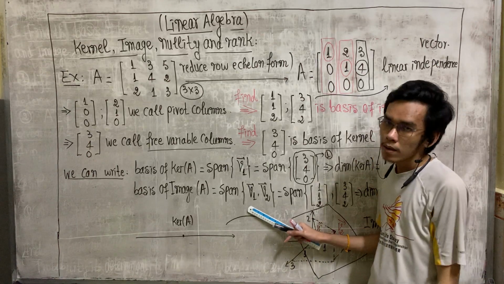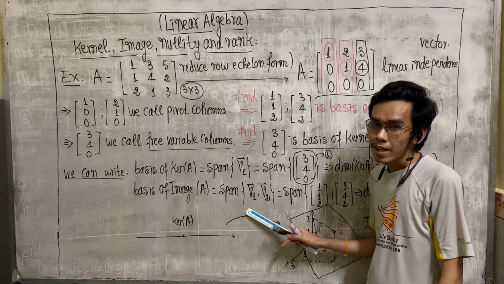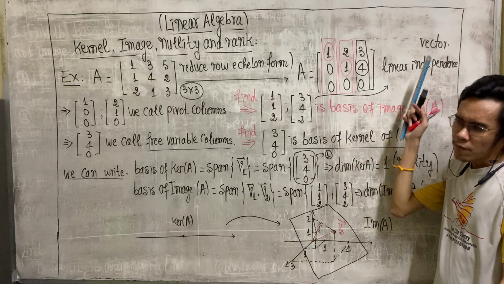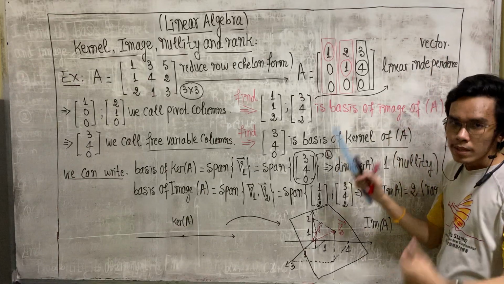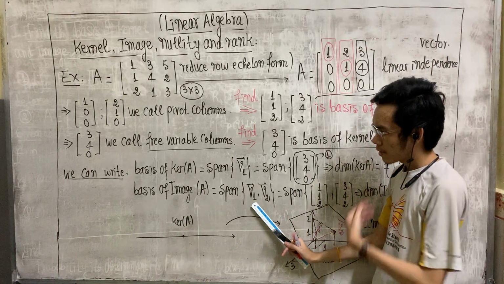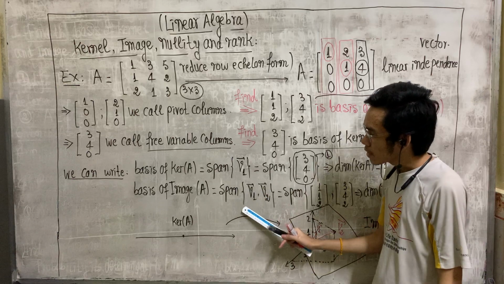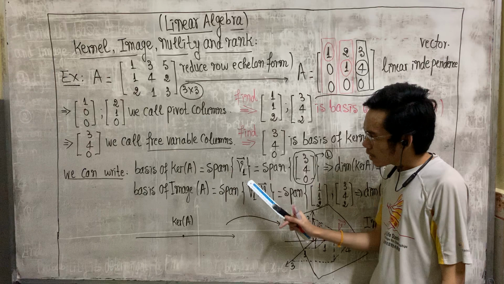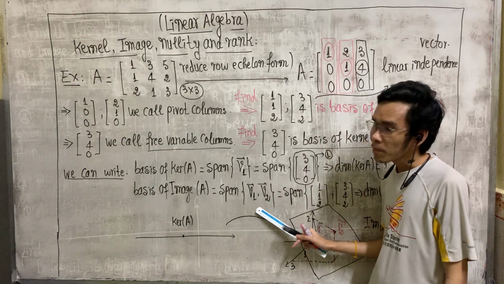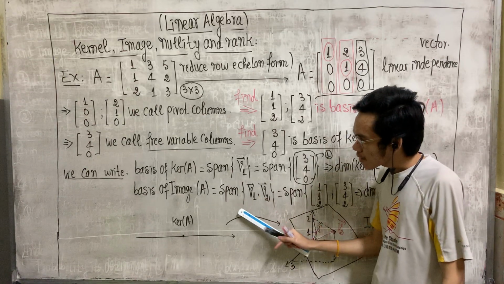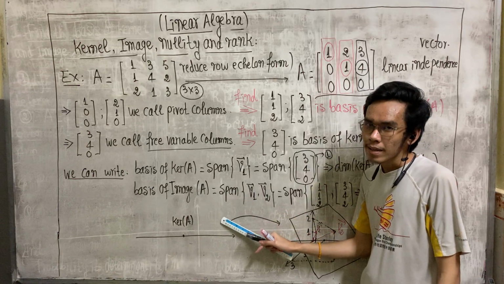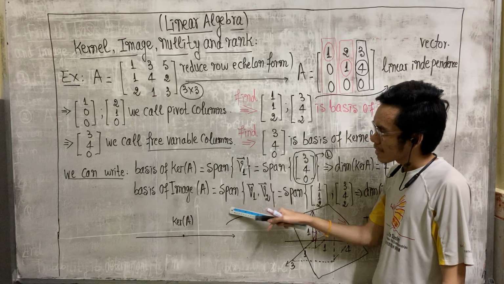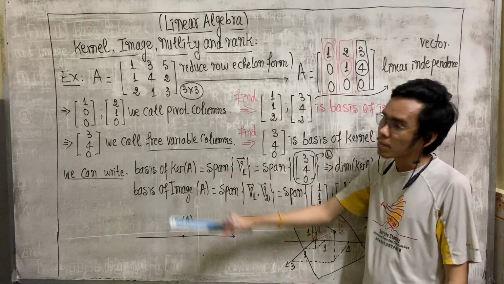Because vectors v1 and v2 are linear independent vectors. So we can write them as a linear combination, and we can write it as the span, similar to the basis of the kernel.